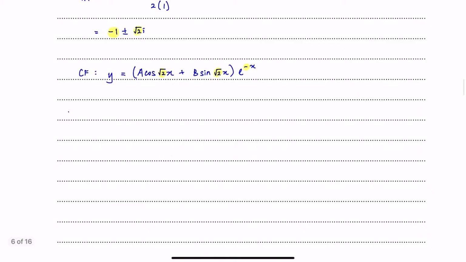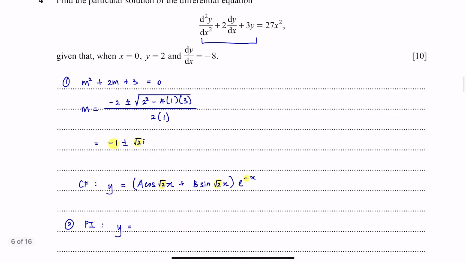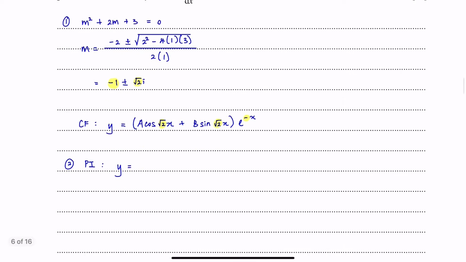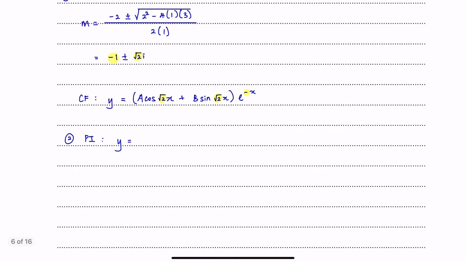So now we will go to part 2. We have the particular integral, which we can write as y equals, okay, for this one, we have to look at this part. So we have x squared, so the highest degree for the polynomial is 2, and we have to write our particular integral as y equals ax squared plus bx plus c.